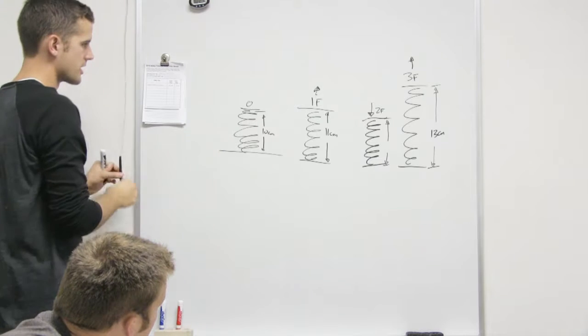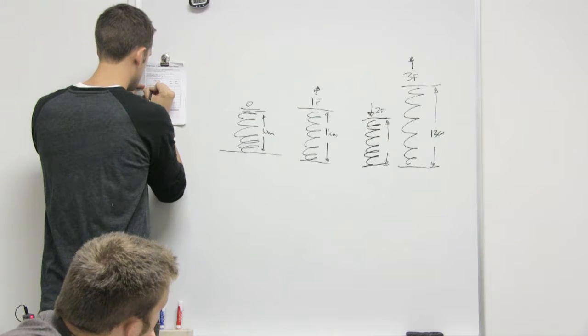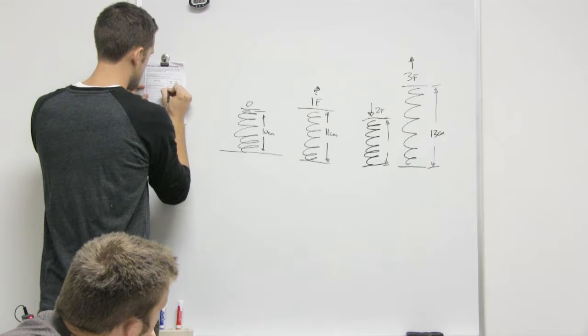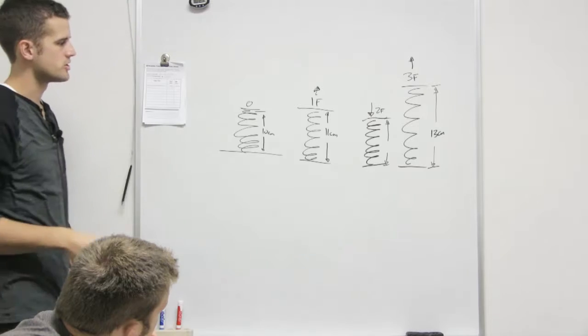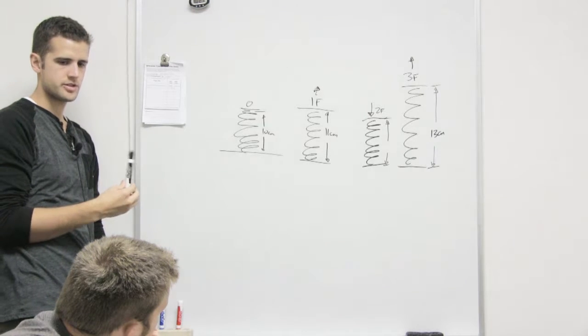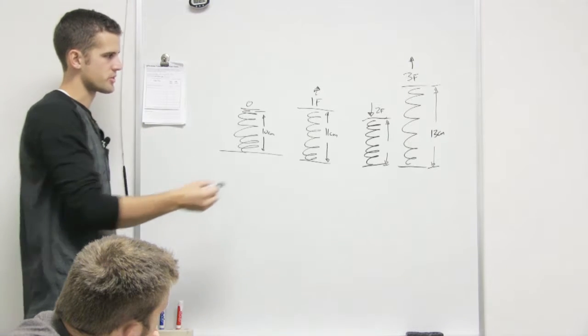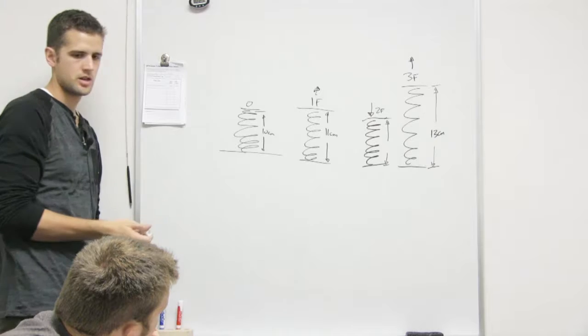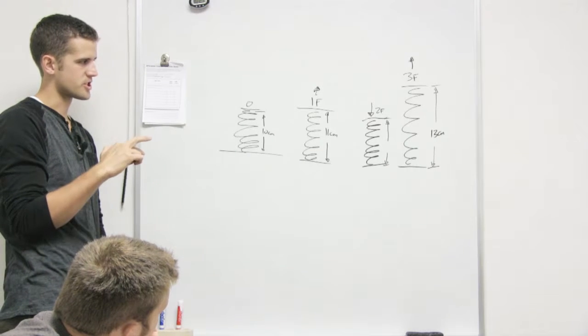Oh, okay. So it'd be 9 centimeters. So you start at 10, and then you apply 2 times the force. So how long did it stretch with 1? Yeah, it stretched just 1 centimeter.